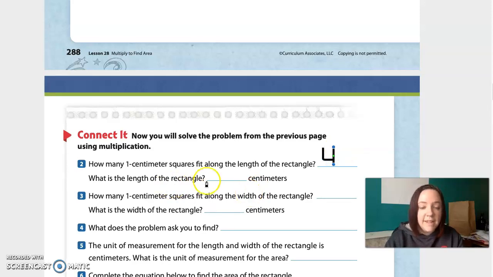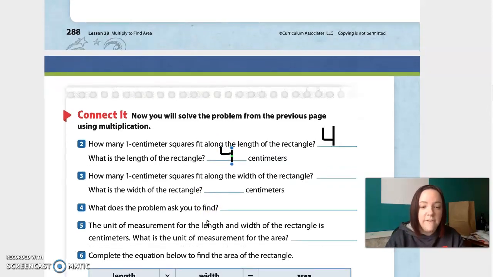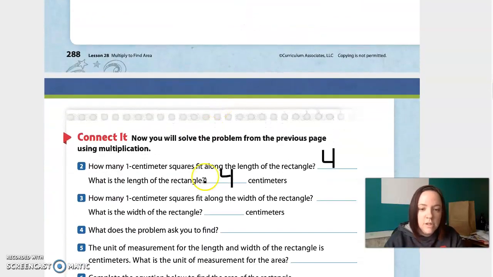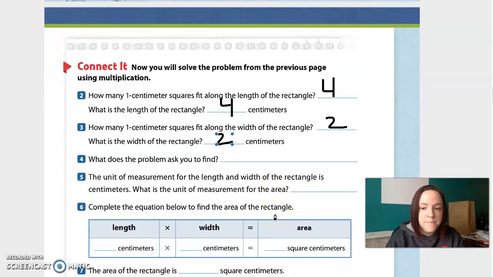What is the length of the rectangle in centimeters? 4 centimeters. How many 1 centimeter squares can fit along the width? Let's look. 1, 2. So that means our width of our rectangle is 2 centimeters.